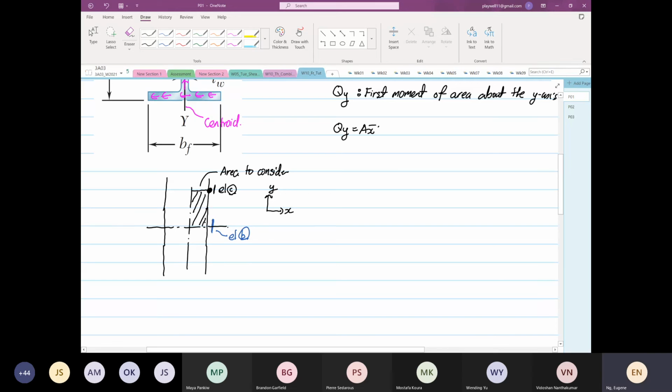Some of you might ask, why was this not considered? The reason is that the first moment of area, or the Q, cannot cross the centroid.